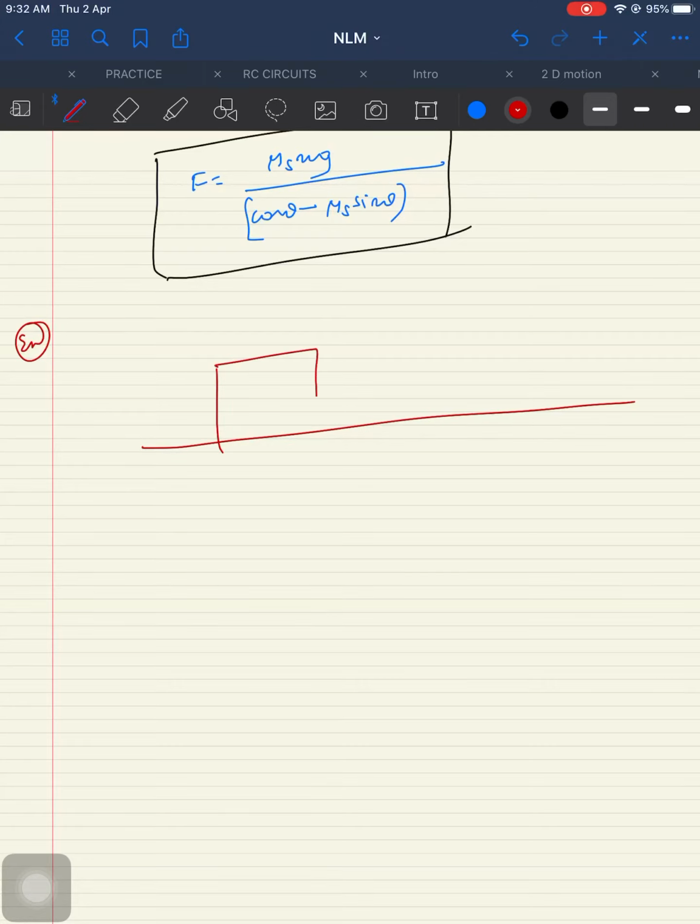So let's take multiple blocks, similar blocks. As of now, let's do it for two bodies. Now I am applying the force F here. There is friction. First let's do it without friction, and then we'll do it with friction. So this is the case without friction.